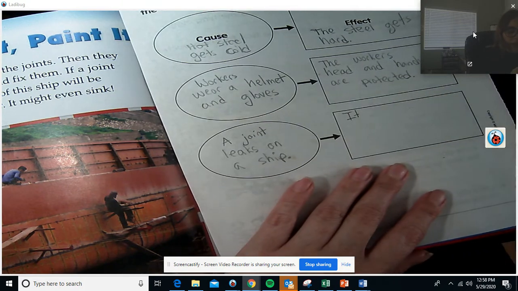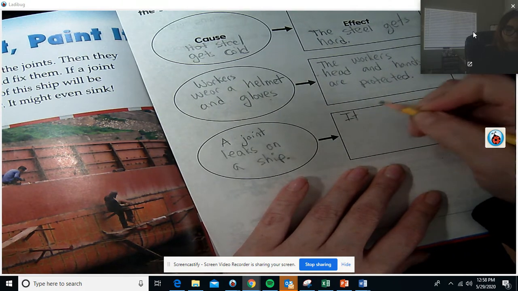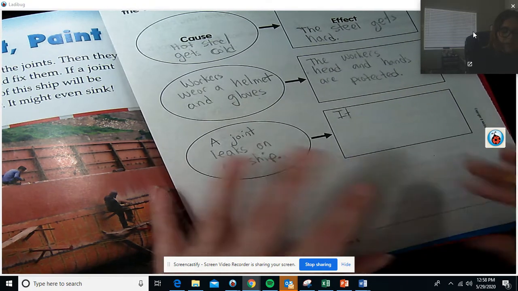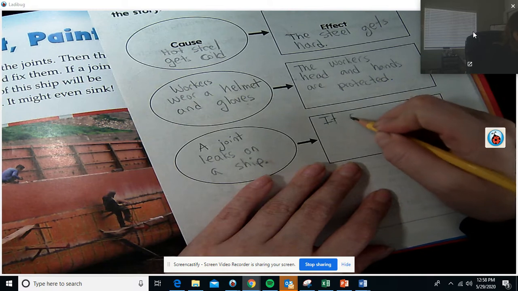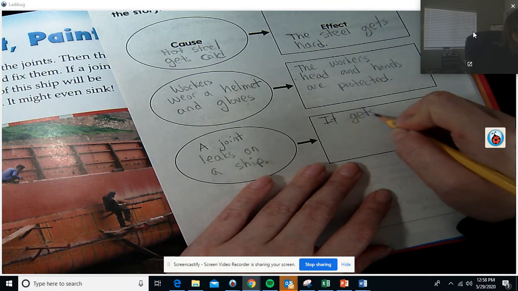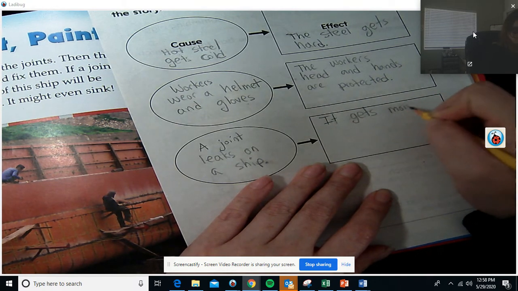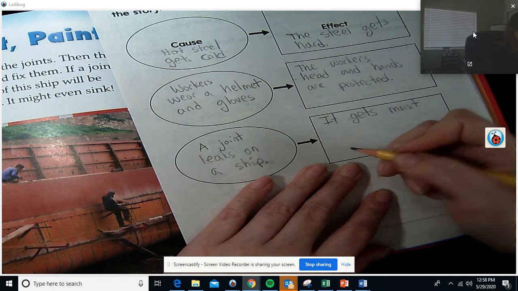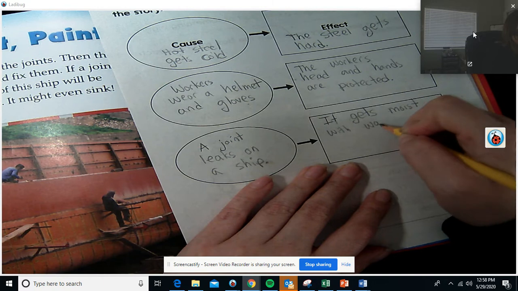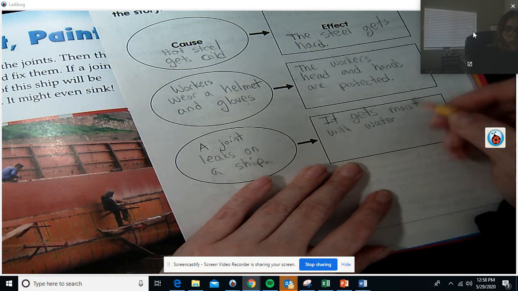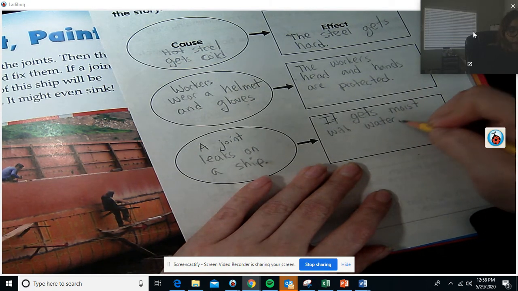Moist means a little bit wet, not super wet, but damp. There's a little bit of wetness there. The ship gets moist with water and it might even sink.